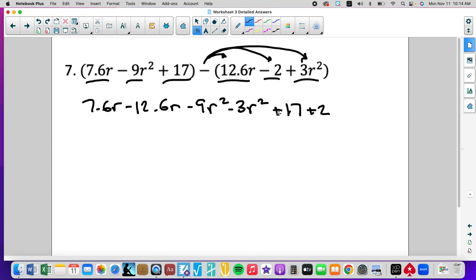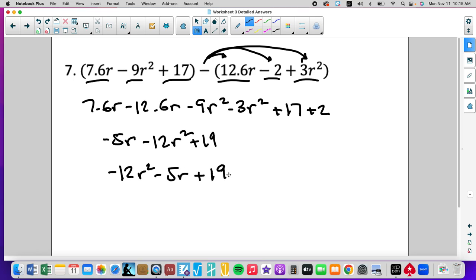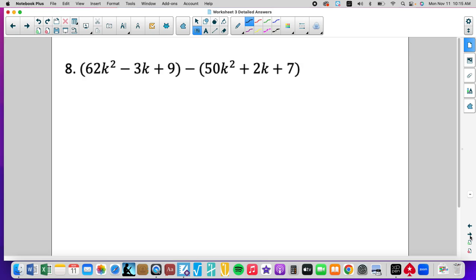So they write it in order, or at least pair it up. That's going to be negative 5r. That's going to be negative 12r squared. That's going to be plus 19, and then let's write it in standard form. And that would be our answer.